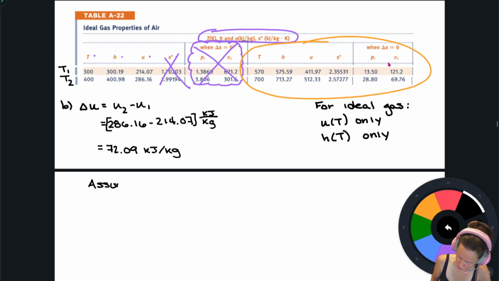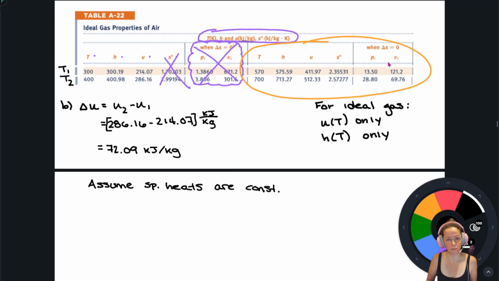Now we're also supposed to assume specific heats are constant. And best practice, if you're not told what temperature to assume the specific heats are constant at, is to take it at the average temperature of T1 and T2. Don't just pick your favorite temperature, T1 and T2, the average.